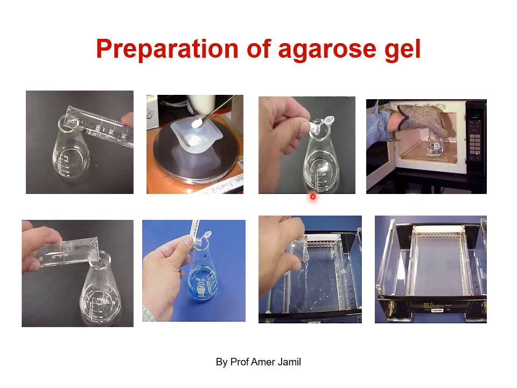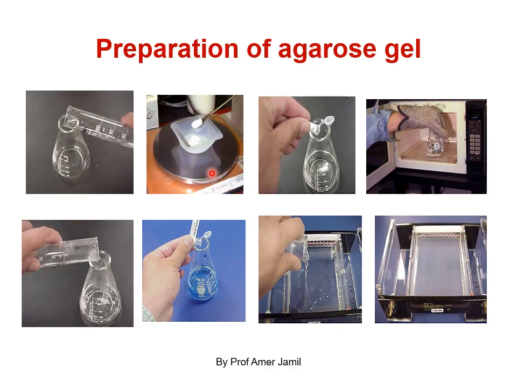After a few minutes, you will see this type of gel structure, and the comb is there. The percentage of gel depends on the sizes of the DNA you want to separate. If the sizes of the DNA are small, you use a higher percentage gel. That will create a smaller mesh size.